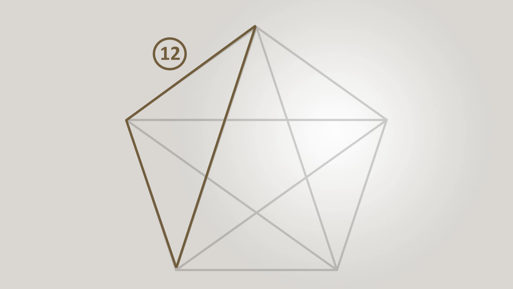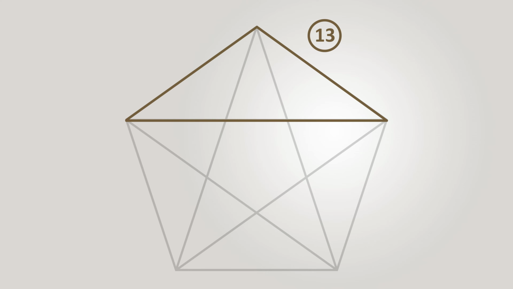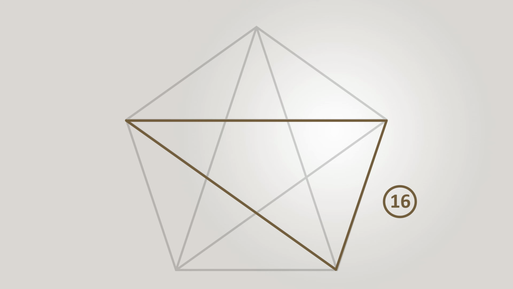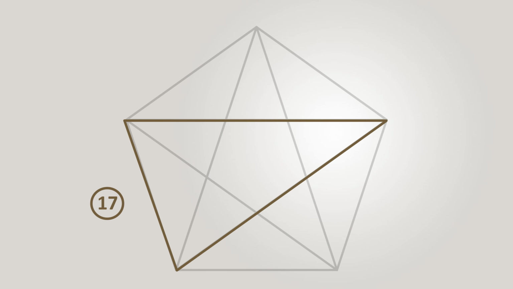Now let's do the next 10 triangles: 11, 12, 13, 14, 15, 16, 17, 18, 19, and 20. And now let's do the next 5: 21, 22, 23, 24, 25.